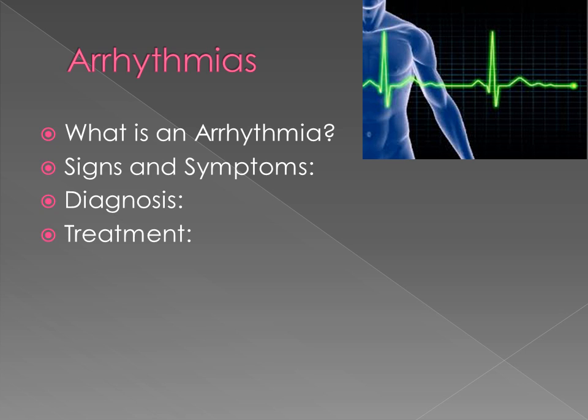When an arrhythmia is suspected, the first thing we do is perform an EKG. And then this could be followed by something called a stress test, whereby we have the person exercise while they're doing their EKG and watch their heart response to it. And we might use something called a Holter monitor.